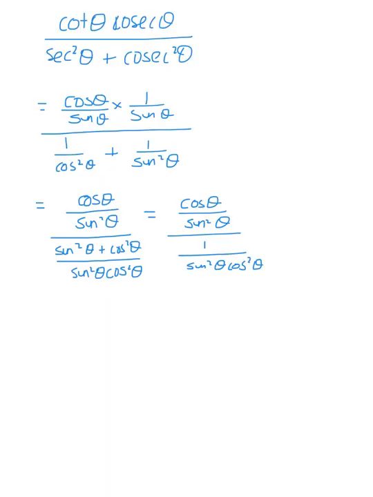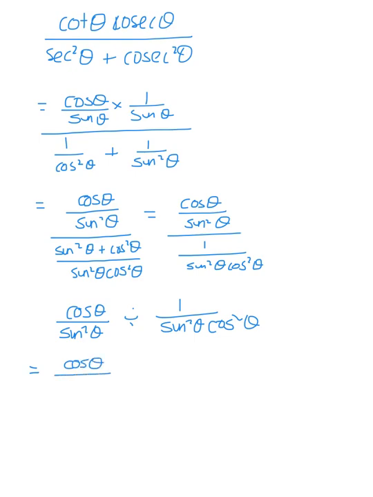I'm going to write this part out again, but you've got to remember we are dividing fractions here. So that gives me cos theta over sine squared theta divided by 1 over sine squared theta cos squared theta. When we divide fractions, the first fraction stays the same, so we have cos theta over sine squared theta.